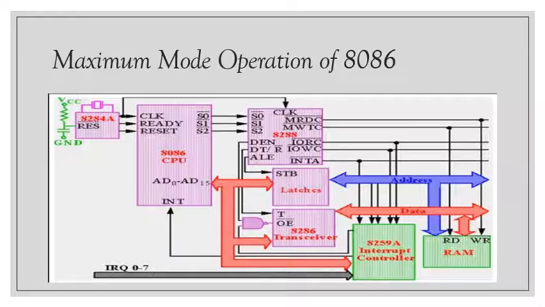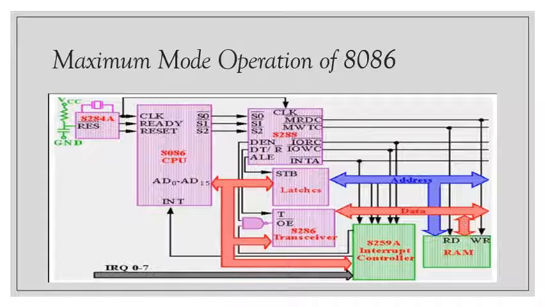The basic function of the bus controller chip IC 8288 is to derive the control signals like read and write for memory and I/O devices, DEN, DT/R, ALE, etc., using the information given by the processor on the status lines. The bus controller chip has input lines S2, S1, S0 and clock.